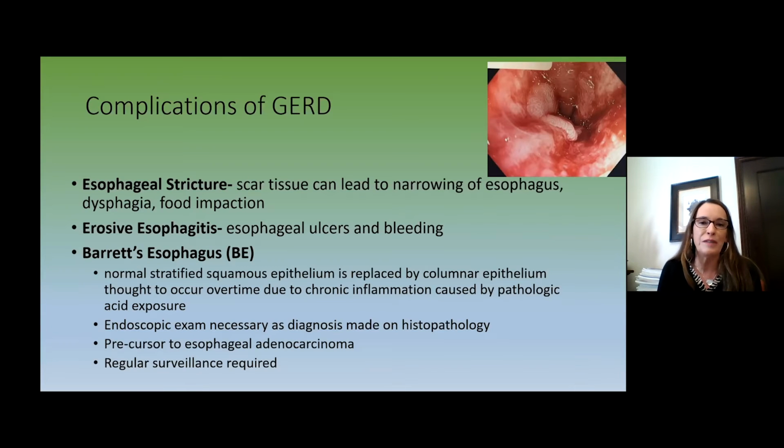This is a photograph here of a grade D erosive esophagitis. And that's defined as mucosal erosions and breaks, and deep ulcers, hemorrhage, exudates, stenosis, or some of the more serious complications. And then Barrett's esophagus is normal stratified squamous epithelium that gets replaced by columnar epithelium.